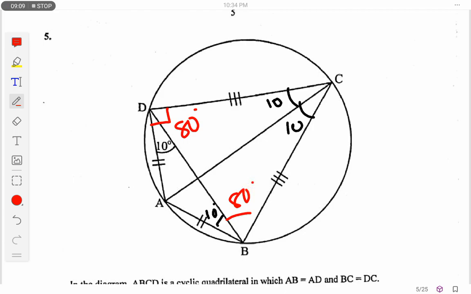And here I can say it's a 90 because I have 80 plus 10 here. So this also automatically becomes a 90. So basically all the angles here are 90 degrees. Then when that happens, this is 80 and this is 80. So that's how we do this one.